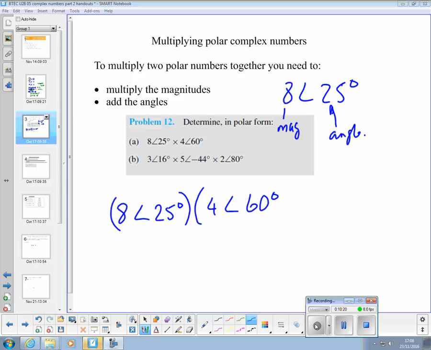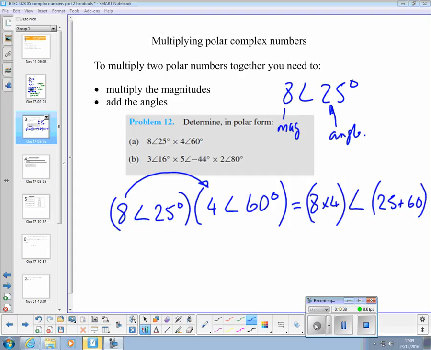What we do is we multiply the magnitudes, so it equals 8 times 4, angle, and then we add the angles, 25 plus 60. So it's 32 at angle 85 degrees.